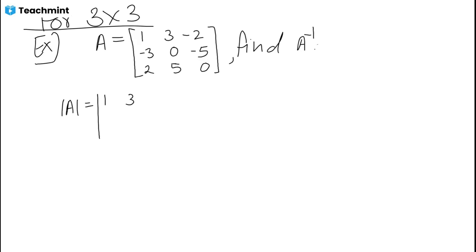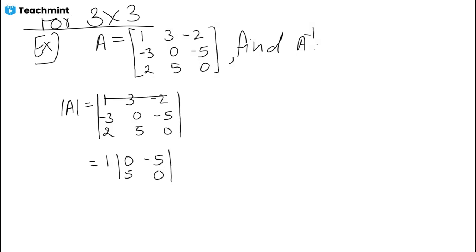1, 3, minus 2, minus 3, 0, minus 5, 2, 5, 0. You know very well how to find the determinant of 3 by 3, right? We take this element and leave the element of the first row and first column and write the left elements here.